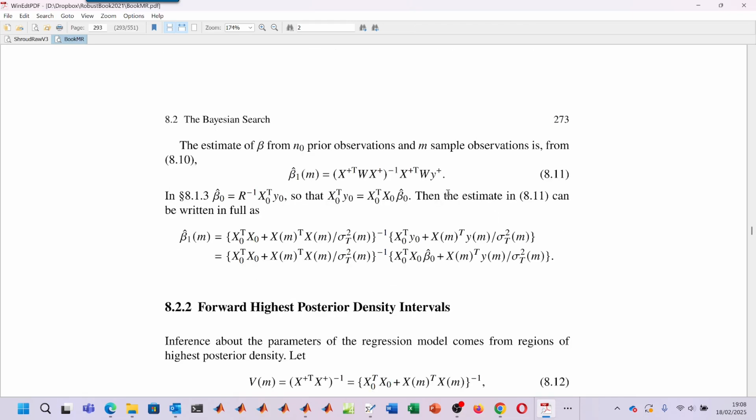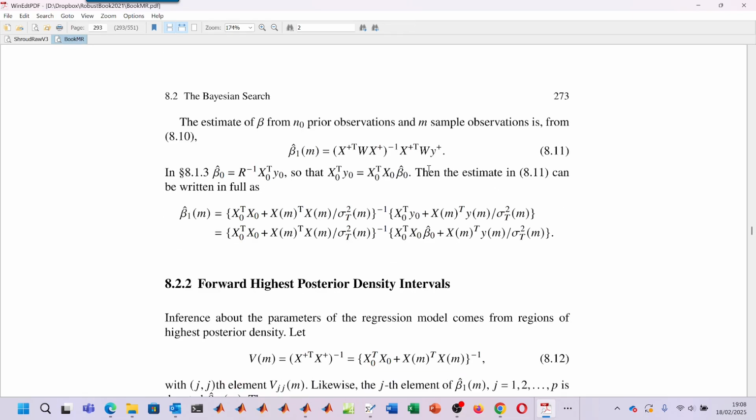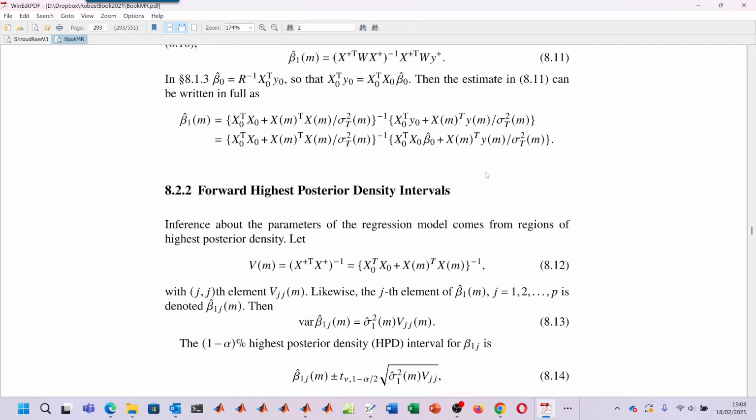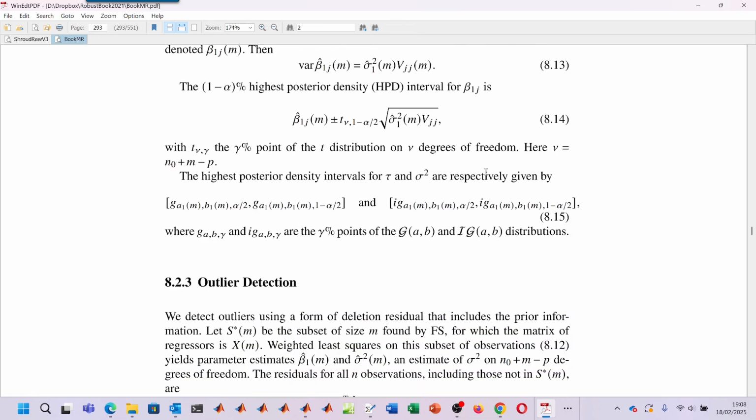All the mathematical details are given in equations 8.11 to 8.15.